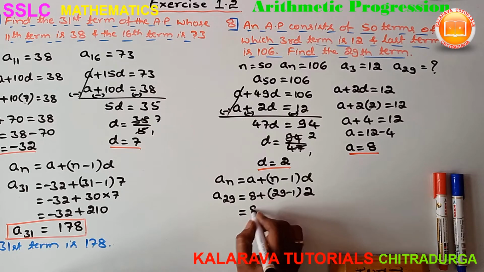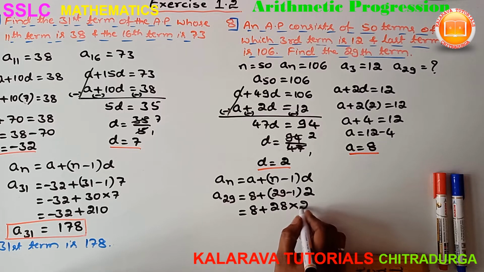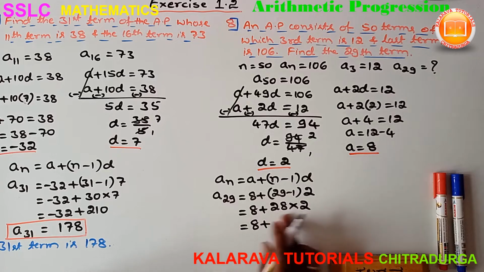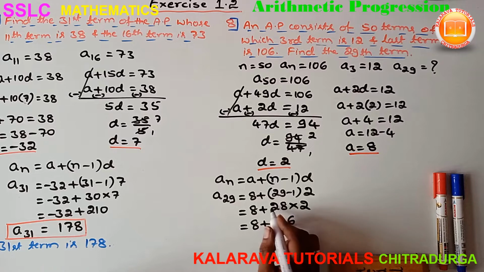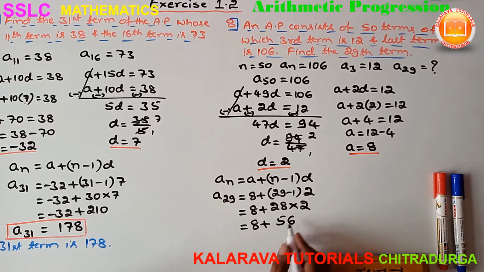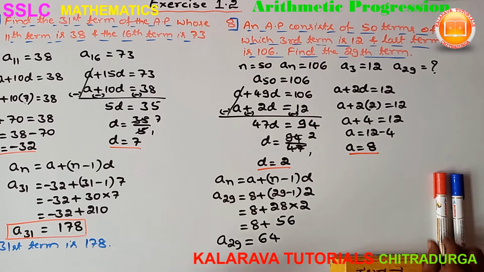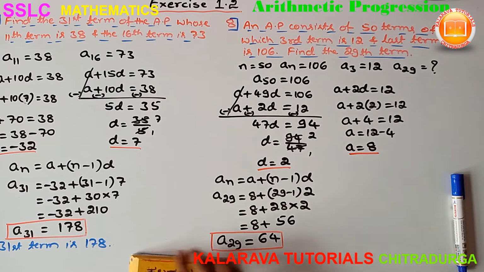Here 29 minus 1 gives you 28, into 2. First we have to multiply this one and then add to the 8. 2 8s are 16, 2 2s are 4, plus 1, that is 56. 56 plus 8 gives you 64. That is the 29th term. The 29th term of the given AP is 64.